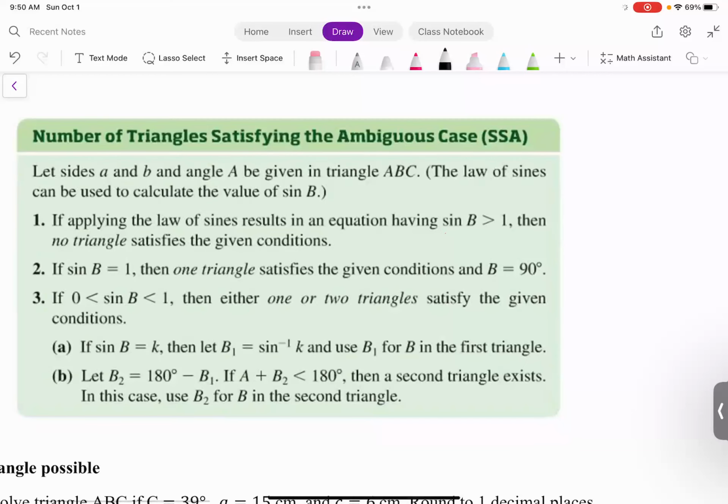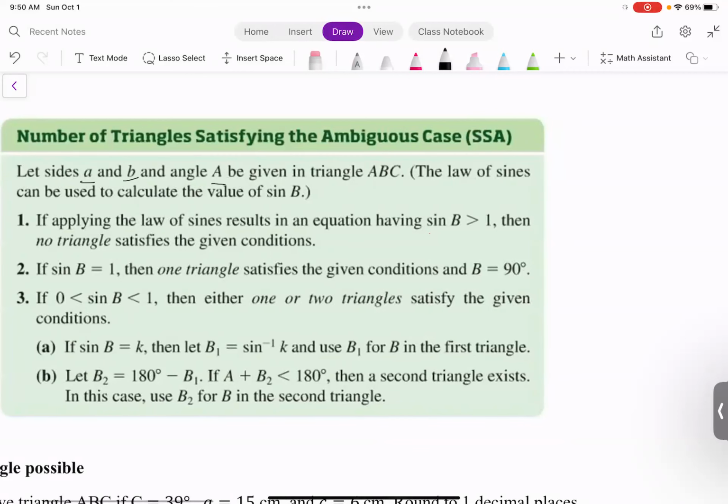Let side a and b and angle A be given in the triangle ABC. So if I have a, I have b, I have the angle A, I can find sine B. I can also find the angle B because a over sine A is given and b over sine B. So B is not given.